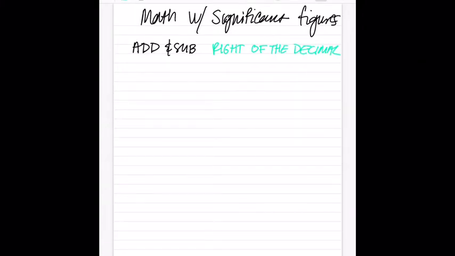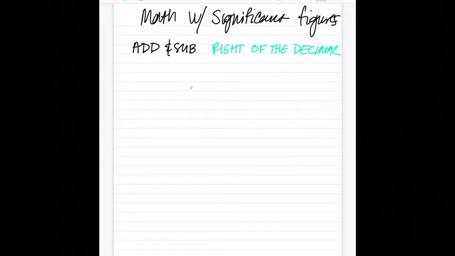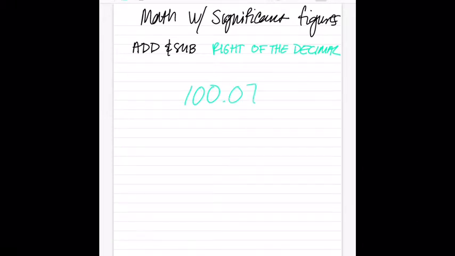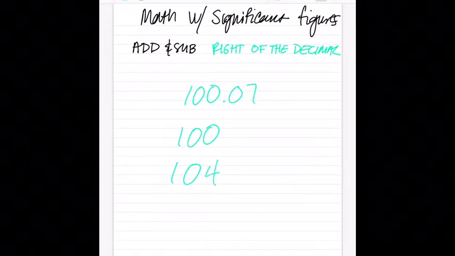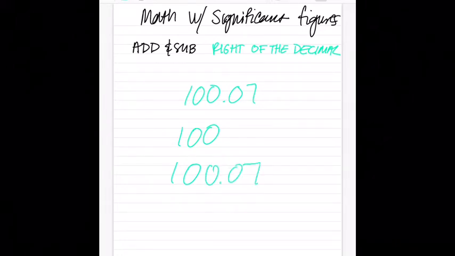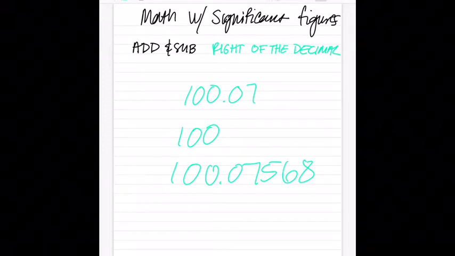So yesterday we talked a little bit about what significant figures are used for in the first place. It's all about accuracy. Let's say, for example, that you went to the lab and you weighed something out, and you had 3 different types of scales, and one of them gave you 100.07, 100, and 100.07568.